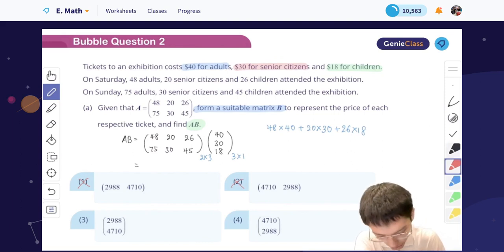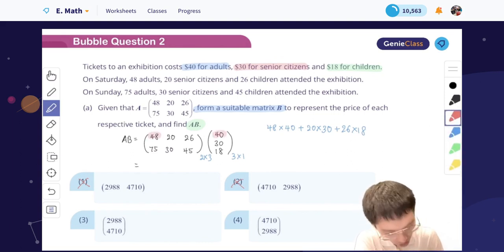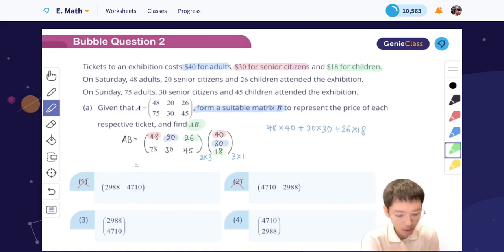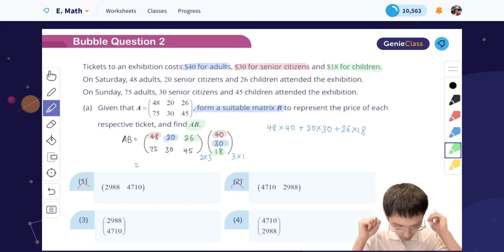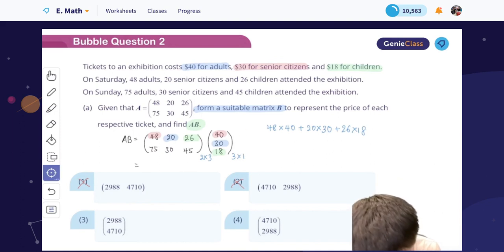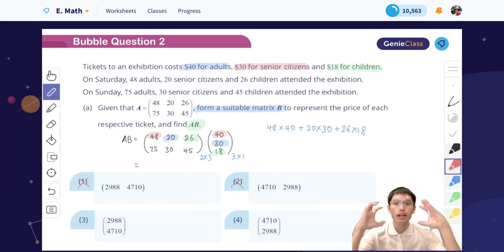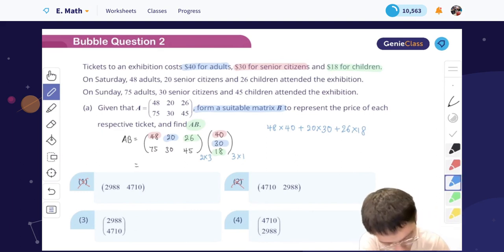This is the normal way of calculating, but we do it in matrices sometimes or even most of the time, because a lot of information will be given, and in a matrix it's more efficient to bring the information together so that you will be able to get the information out easier. Okay, 2988.